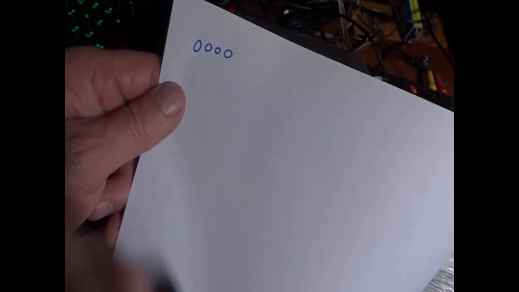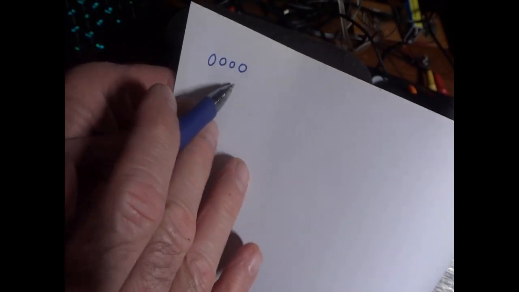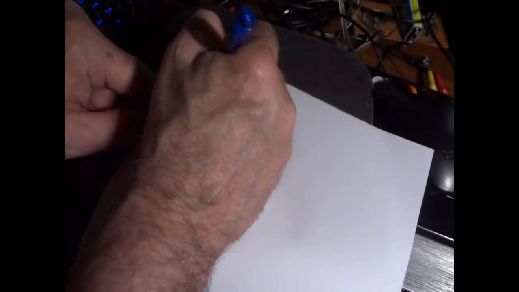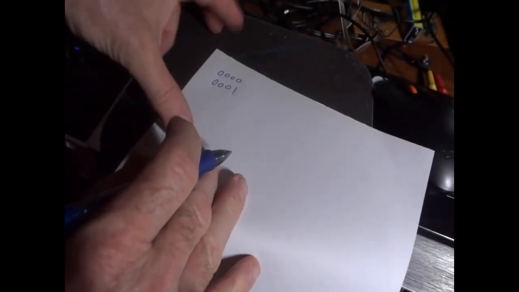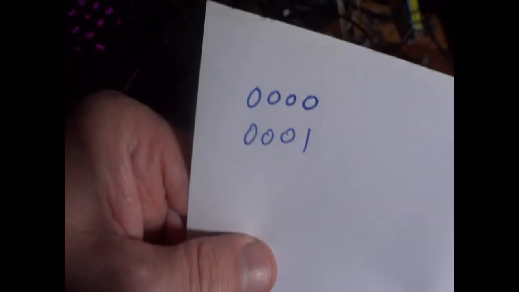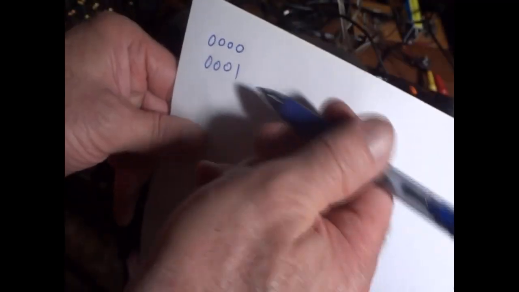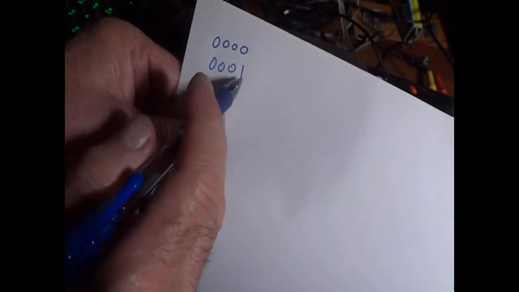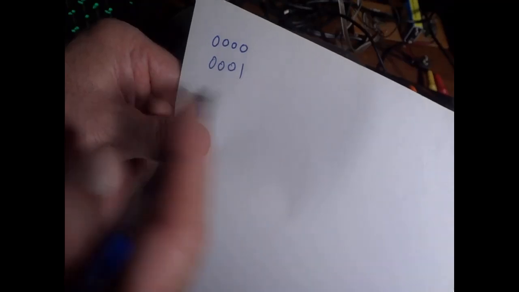So the first number in binary is naturally 4 zeros. The next number would be 0001. Then you have to try to imagine kicking a 1 in here and displacing the one that's already there, to learn how the sequence itself counts.